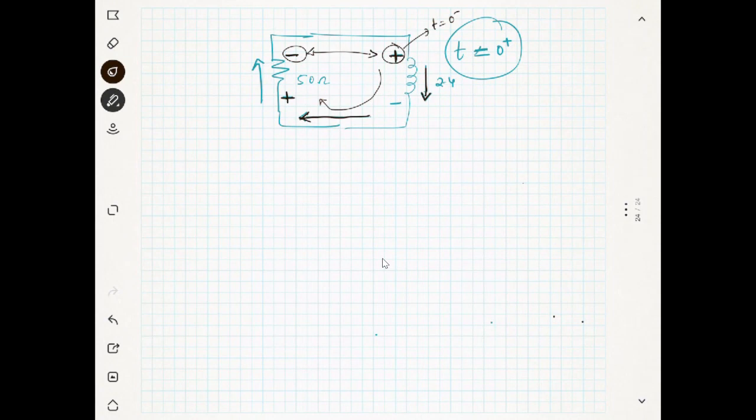This is the case t equal to 0 minus. When the time reaches t equal to 0 plus, what will happen? If this condition is prevailing, then there is a problem. One side is minus, another side is plus, and these are parallel. Parallel voltages should be the same. Understood?